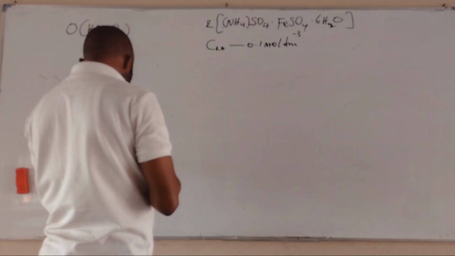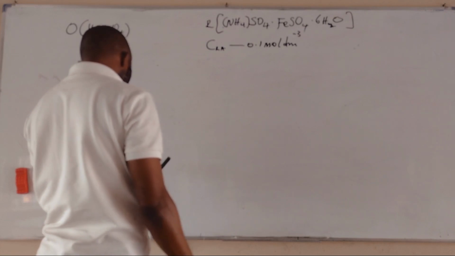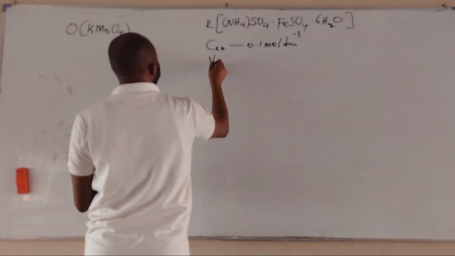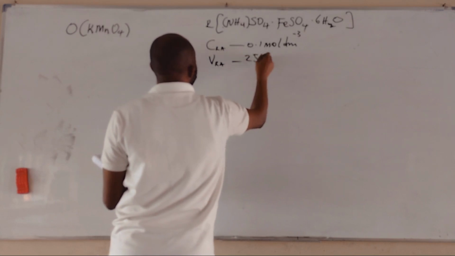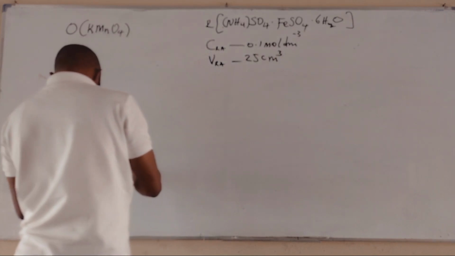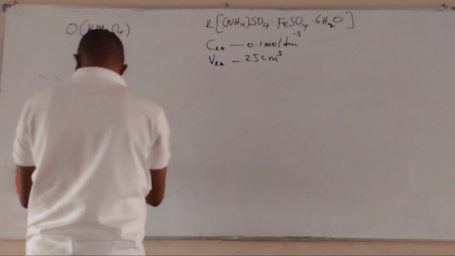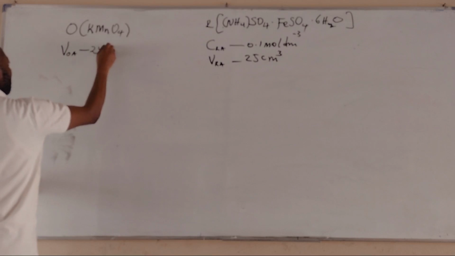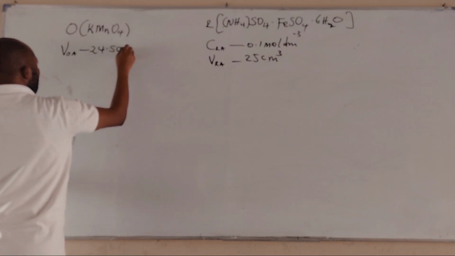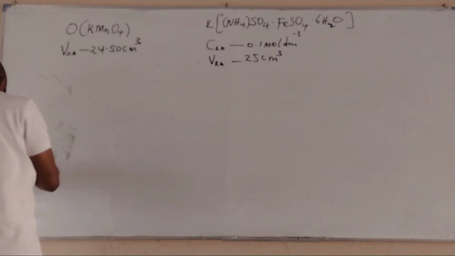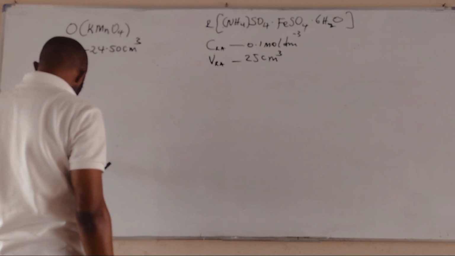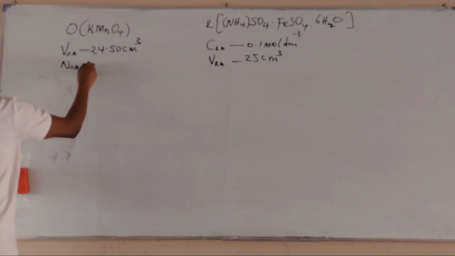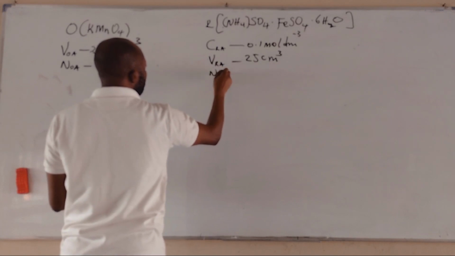Okay, we have 0.1 mole of iron 2 ammonium sulfate as solution R, and 25 cm cube of R. Volume of reducing agent is 25 cm cube. R gives 24.50 of O. Volume of oxidizing agent is 24.50 cm cube. If the equation of reaction is this, we'll be able to get the number of moles of oxidizing agent and number of moles of reducing agent.